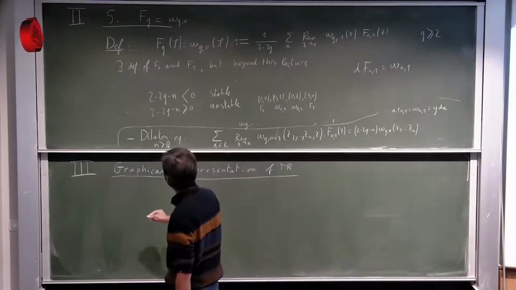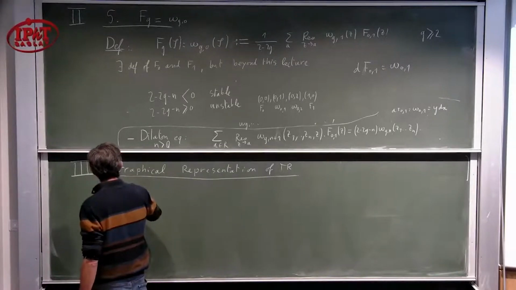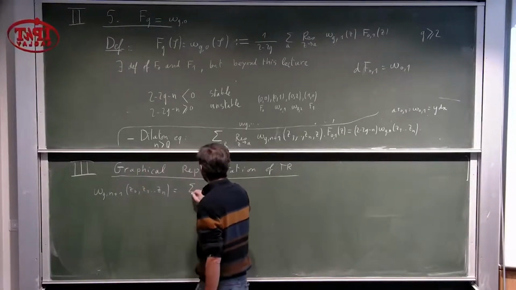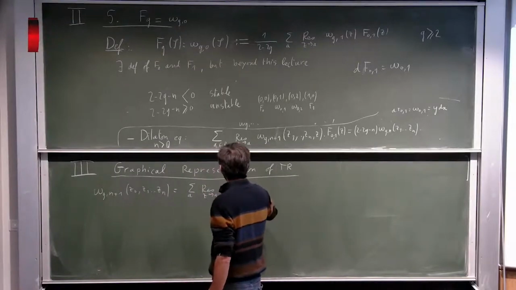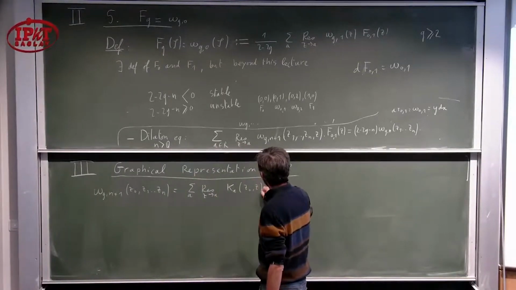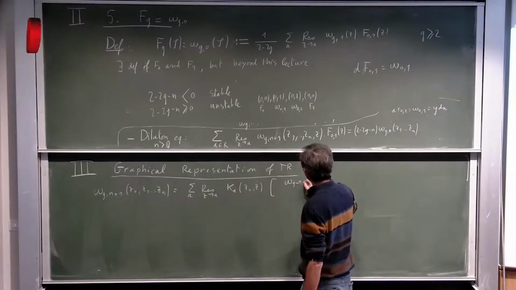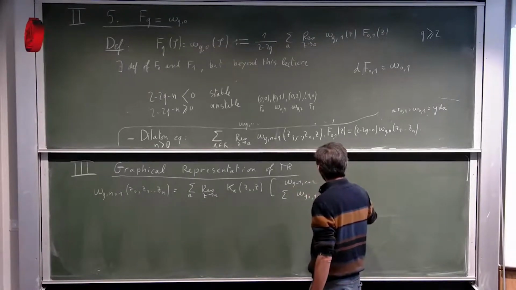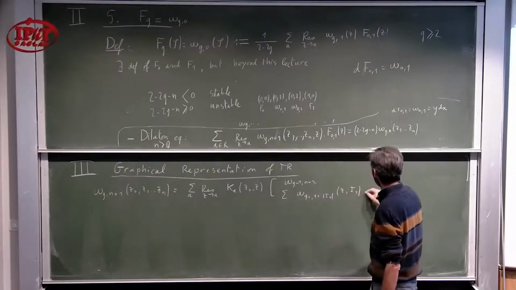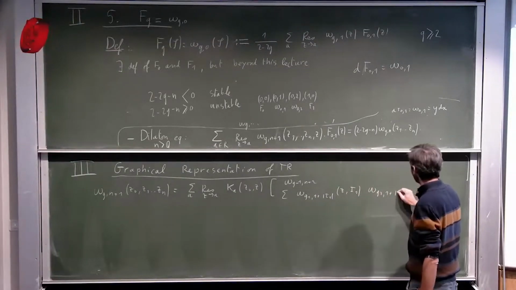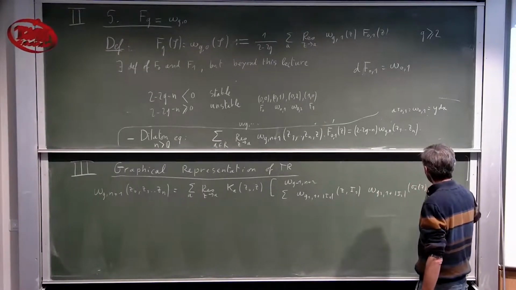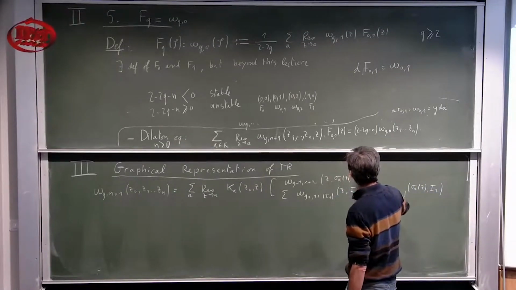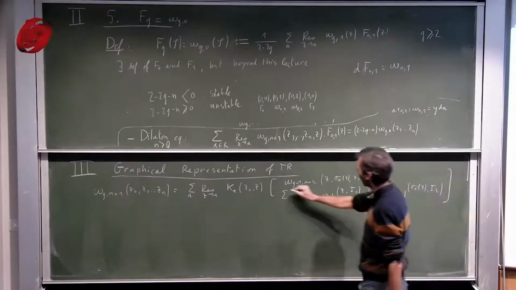So remember the formula, which was that omega g,n+1 of z0, z1, ..., zn was the sum over the branch points a of the residue at a, and we have this kernel Ka of z0, z, and here we have this big combination where you have omega g-1 with n+2 legs, and you have the sum of omega g1 with 1 plus I1 of z, I1, times omega g2 with 1 plus I2 of sigma of z, I2, while here we put z and sigma of z on z1, ..., zn.